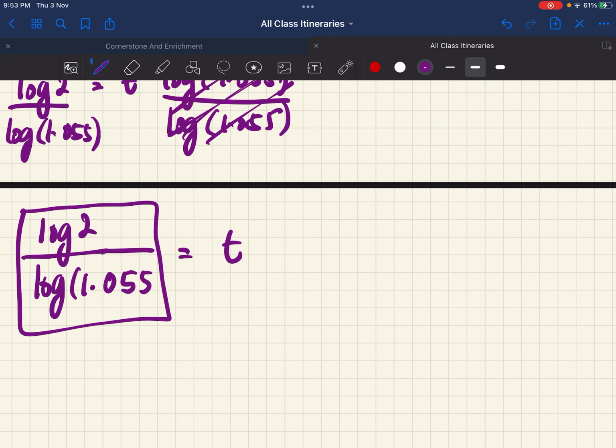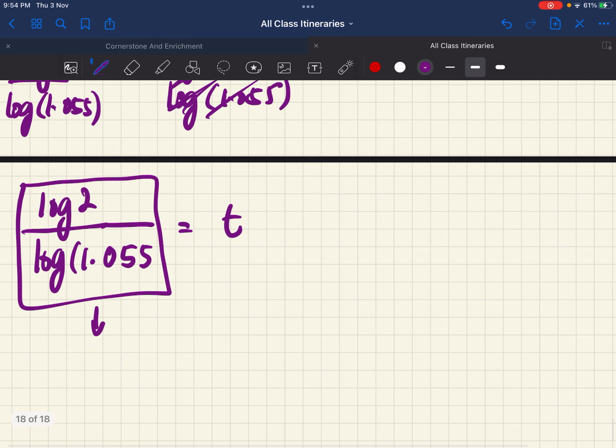I'm going to say log 2 divided by the log of 1.055. So my calculator tells me it's going to be 12.946157111, equal to t.